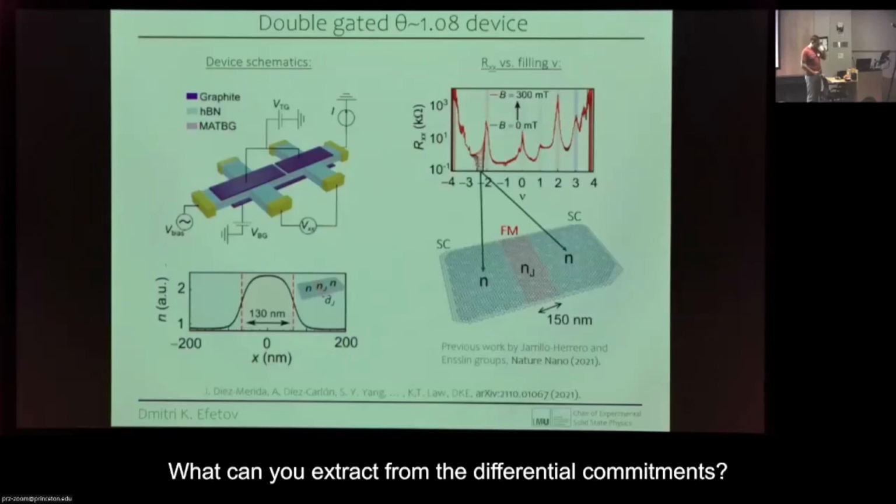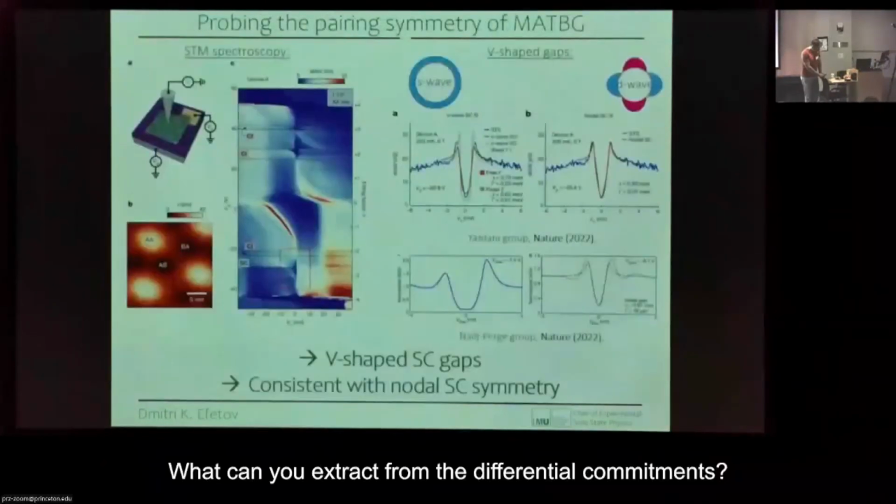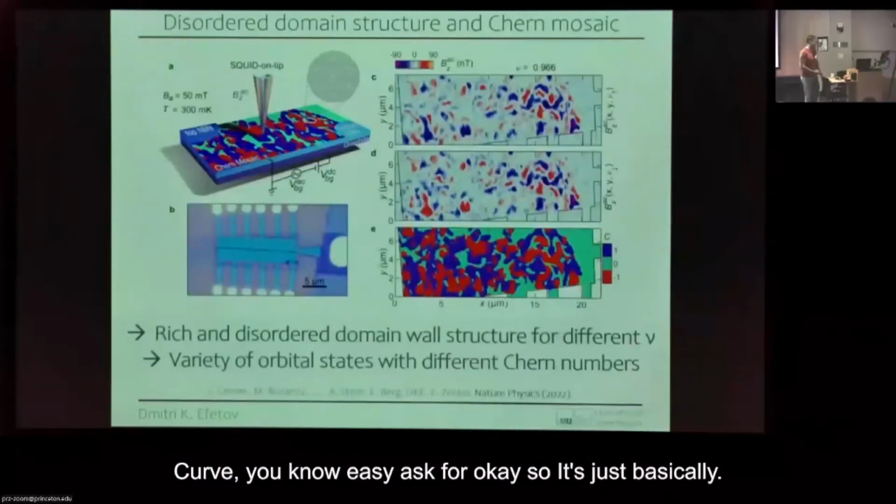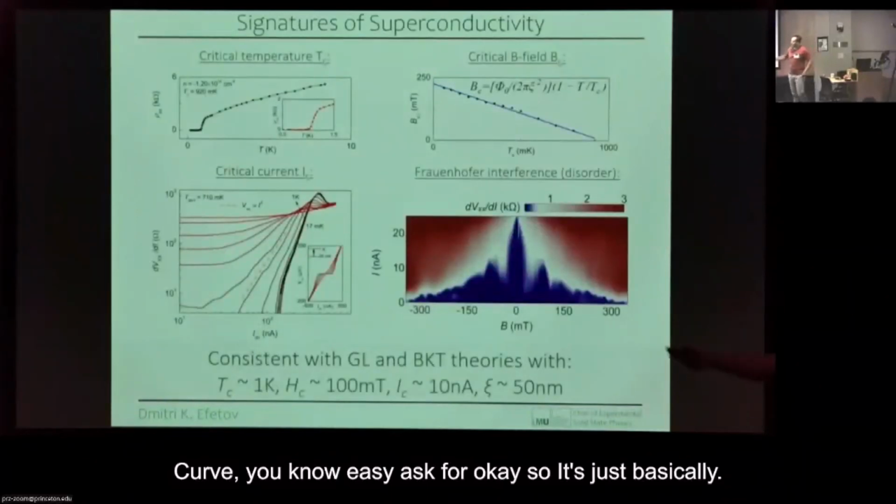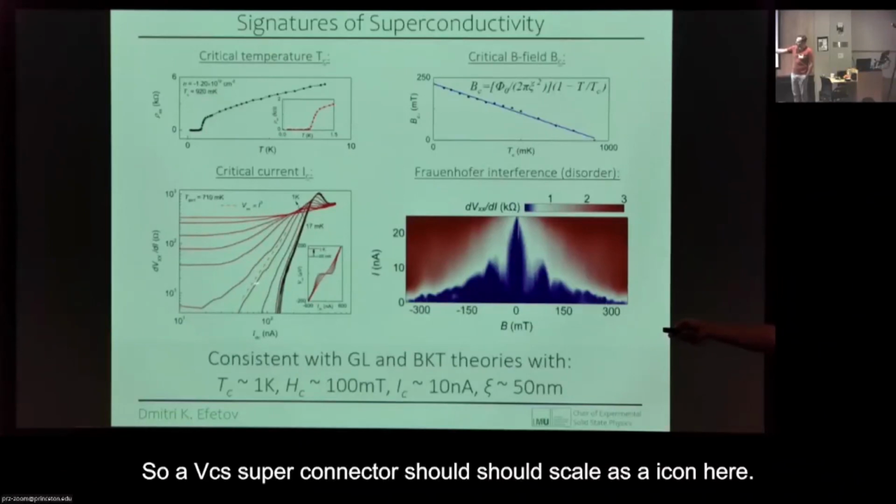Going back to the superconductor, what can you extract from the differential conductance curve, BCS versus BKT type behavior? A BCS superconductor should scale as I to the third here.